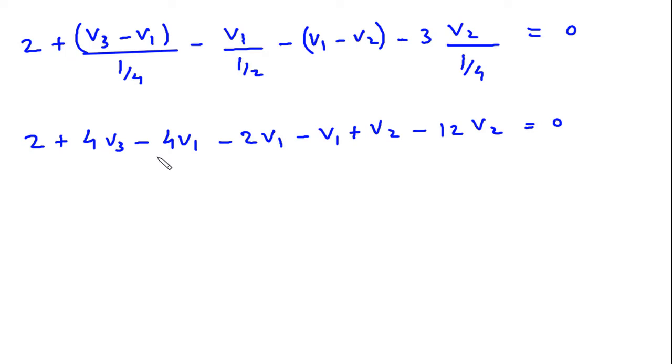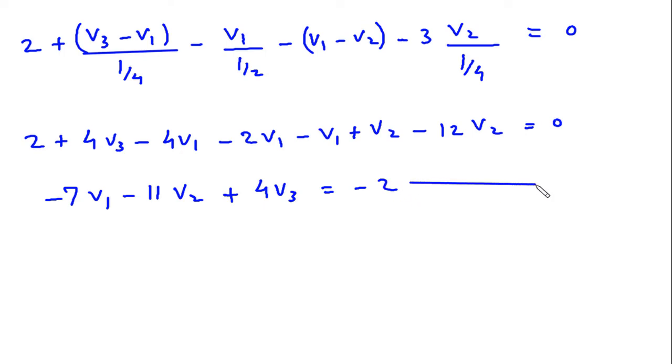Now this will be minus 4V1 minus 2, so this will be minus 7V1, then minus 11V2, then plus 4V3 is equal to minus 2. Let's say this is equation number 1.